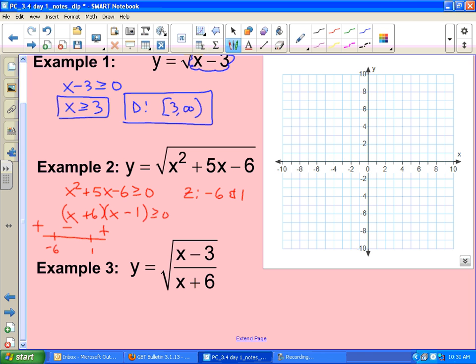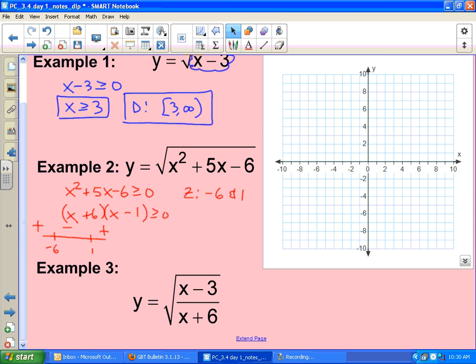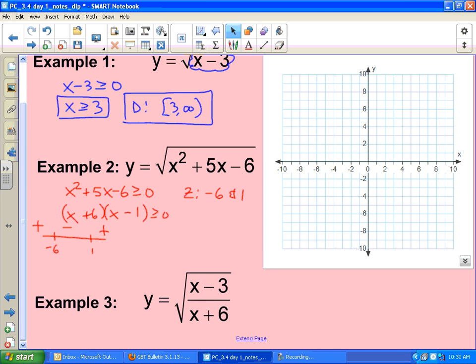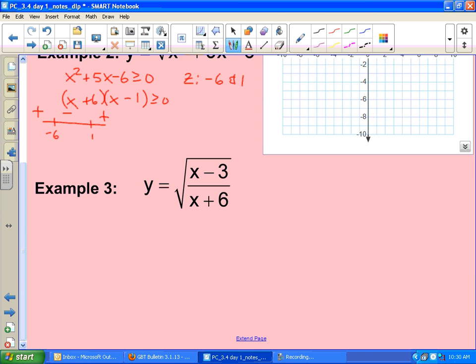So what's my answer? What's my domain? Negative 6, 1. Be careful. Be a little more specific for me. How am I going to write it? Because if I said negative 6, 1, I don't know what that means. Domain. We are going to have domain. So we're looking for domain.